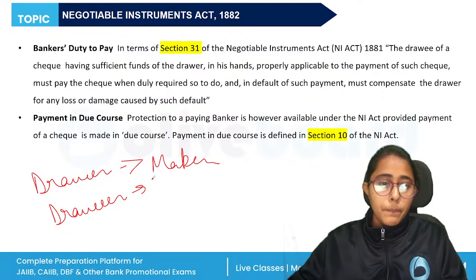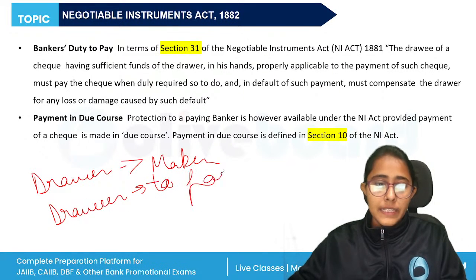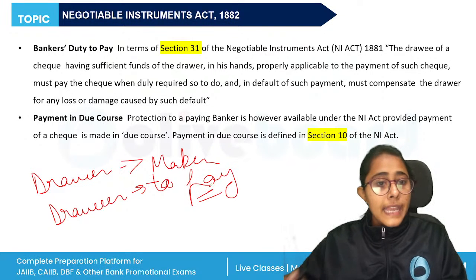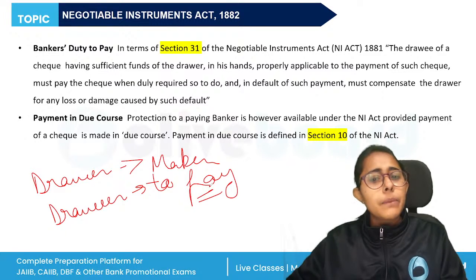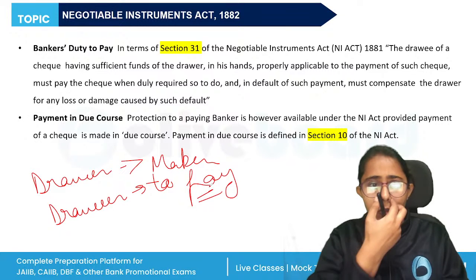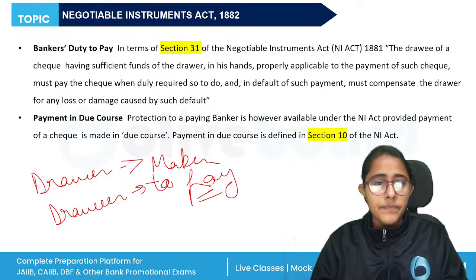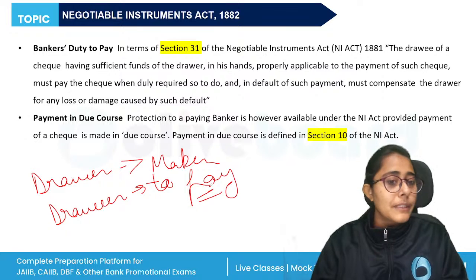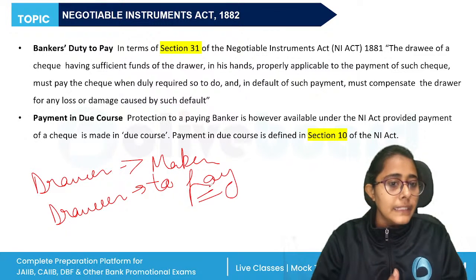Then the drawee in case of need will be a third person who will be resorted to if the need arises, right? If there is any endorsement, that is the drawee in case of need.